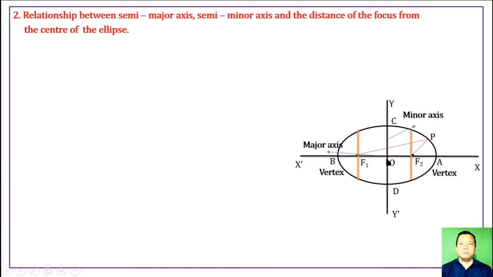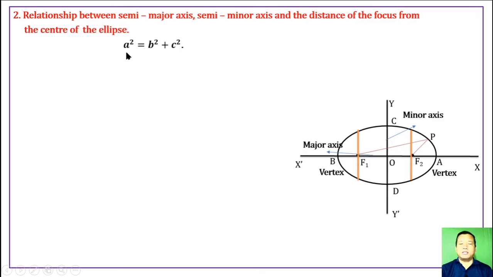The semi-minor axis is the distance from the center to an end point of the minor axis, O to C. The distance of a focus from the center is O to F2 or O to F1, which is c.